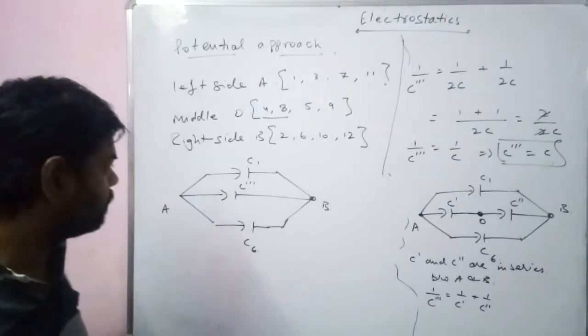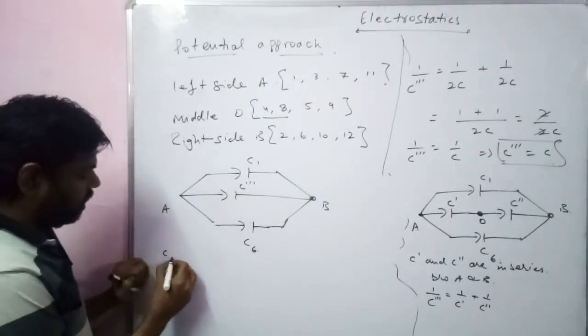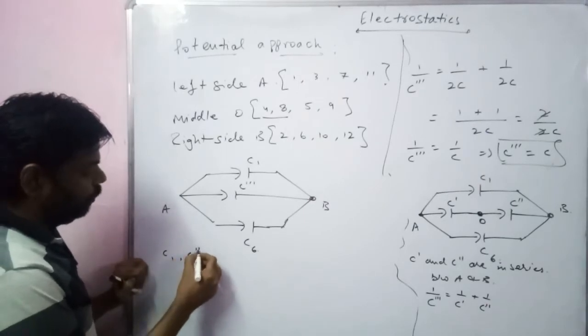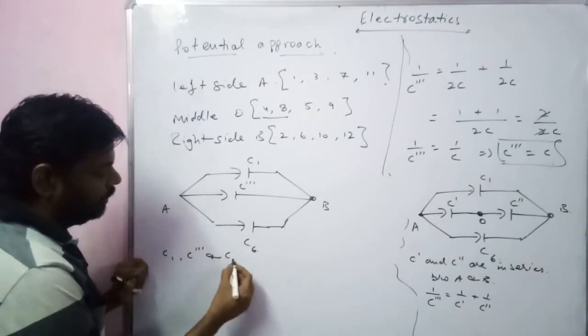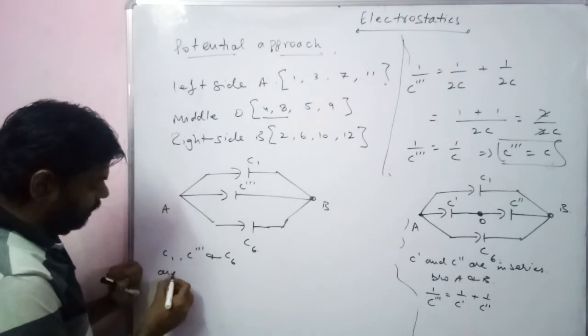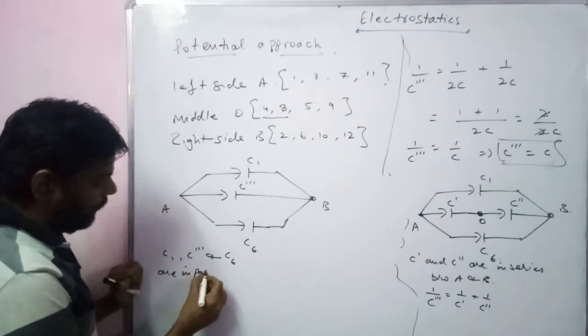So C1, C triple dash and C6 are in parallel.